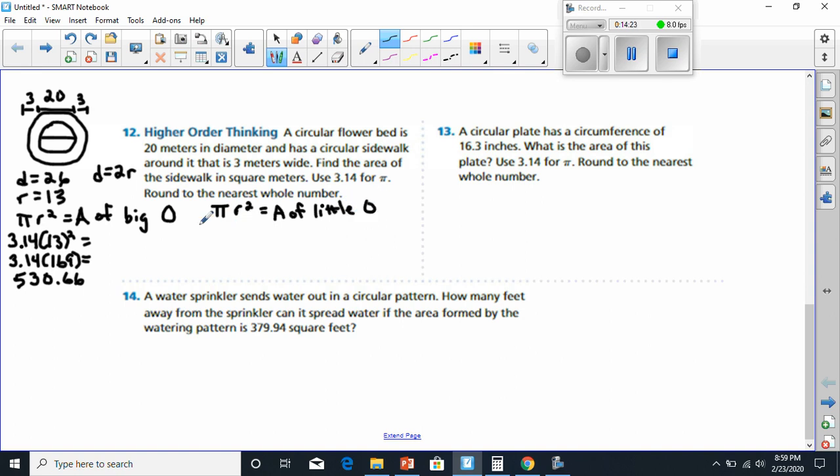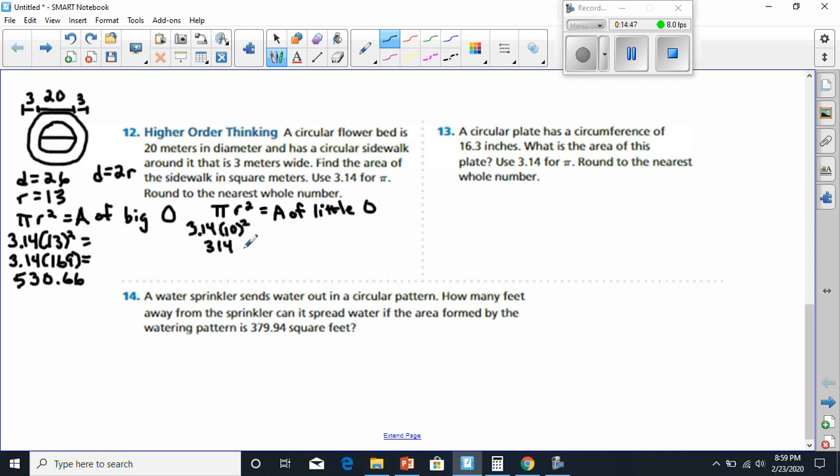And if I do this, I know pi again is going to be 3.14. You multiply it this time by 10 times itself. I'm going to do this all at once because I know 10 times 10 is 100. And I know 100 times 3.14 is going to give me 314.